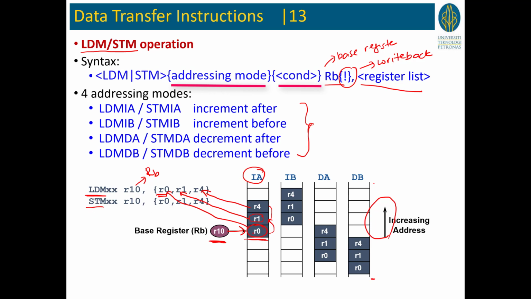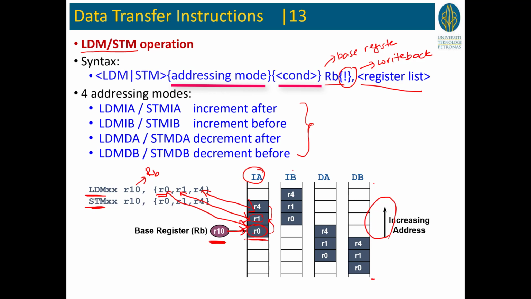Now for STM, it works the other way around. Instead of loading the data from memory into registers, you are storing from registers back into memory. It first looks at the base register where it needs to start storing, and then it stores R0 into the base address, R1 into the address four addresses up, and then R4 4 addresses after that.